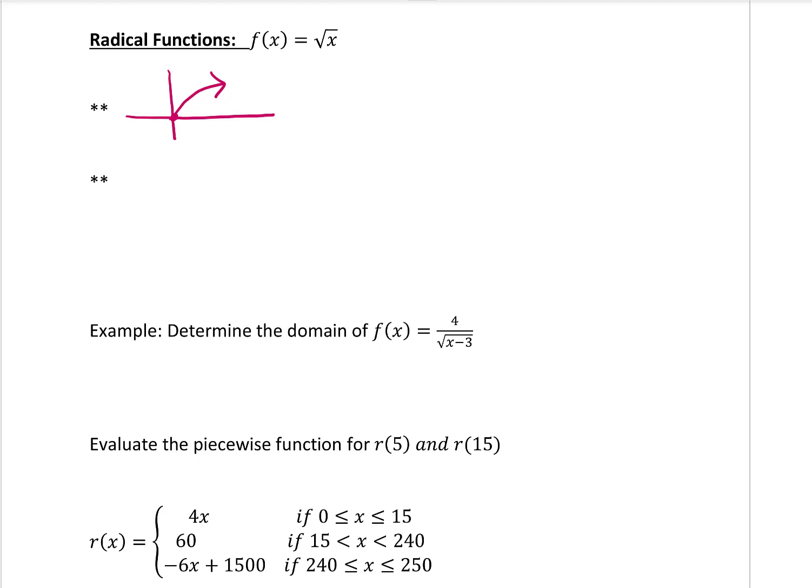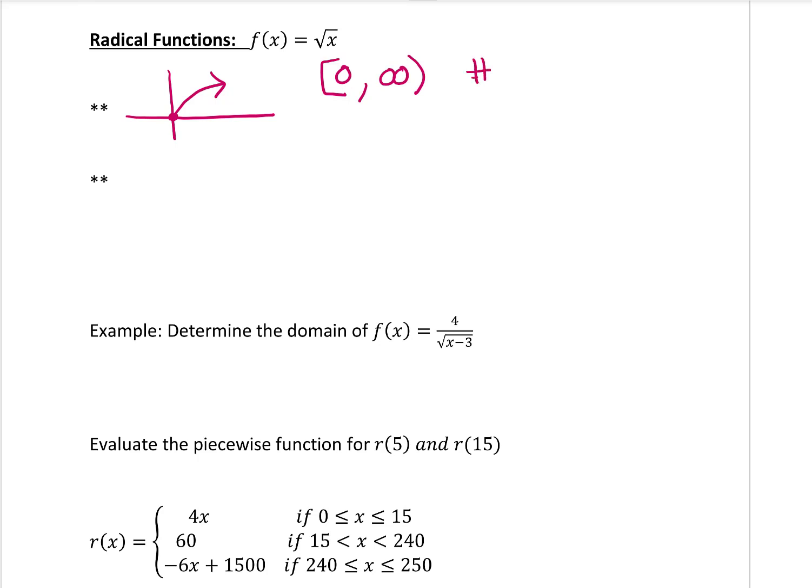function, so the x values, start at 0 and you can see that this is a closed-in circle and goes to positive infinity. Again, we have a round parentheses with infinity because infinity is not a specific number.